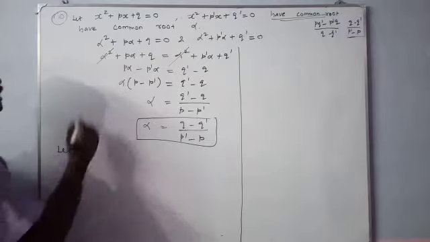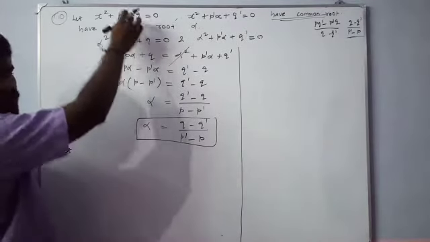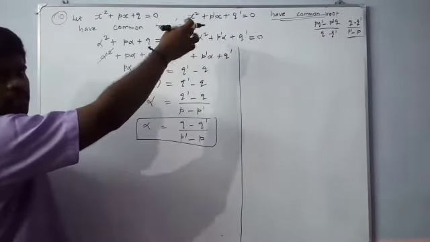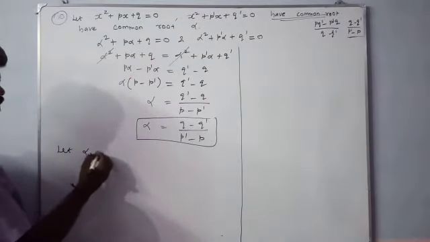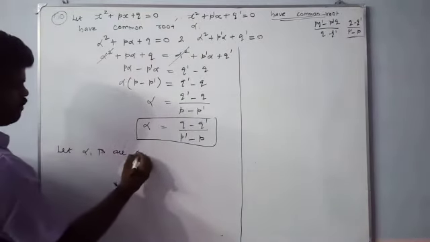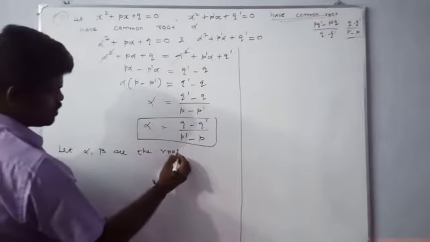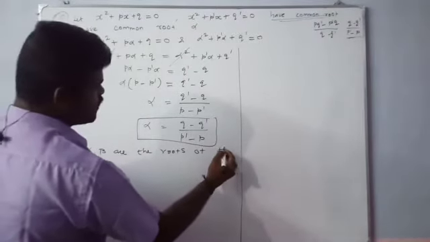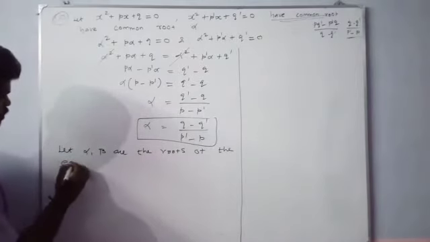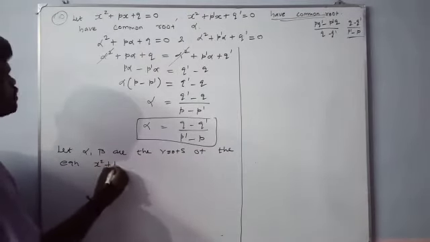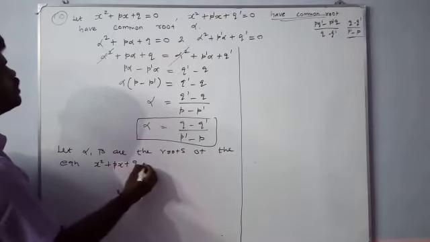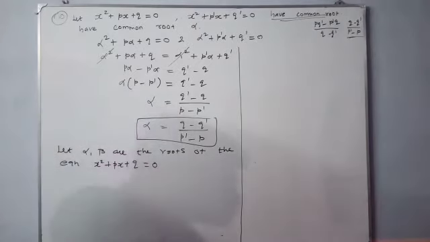Let this equation has two roots. One root must be common, and there is one more root. So alpha comma beta are the roots of the equation x square plus px plus q equal to 0.